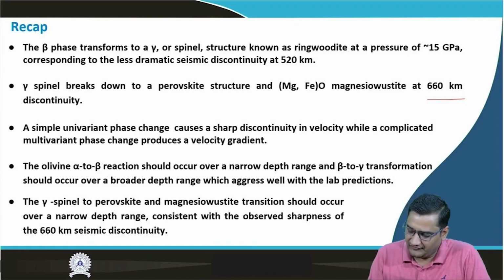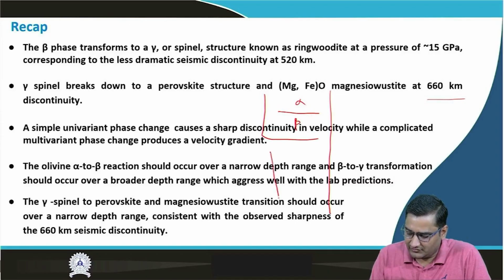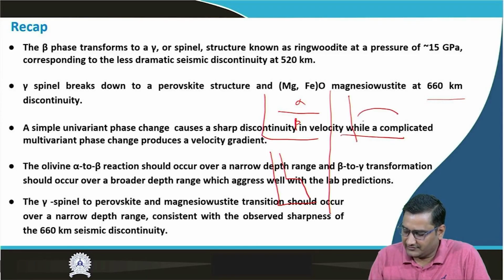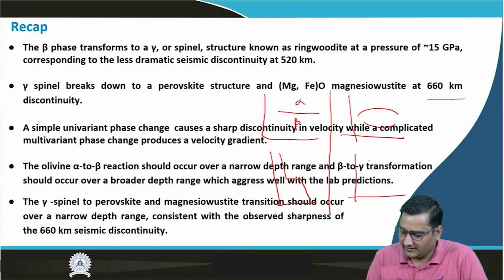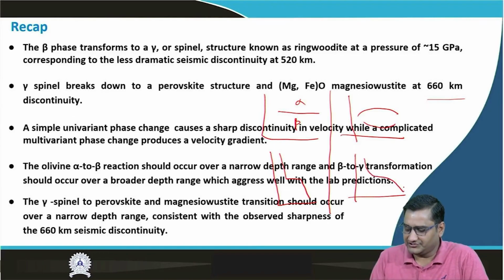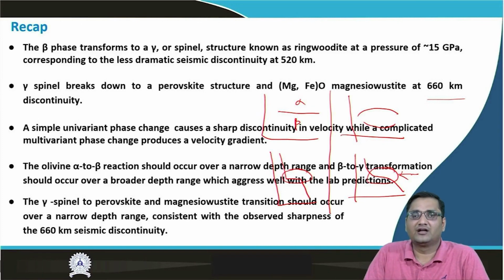If we remember the diagram, we had a very sharp discontinuity where alpha was changing to beta, corresponding to a velocity structure where the velocity changed sharply. Then there were two phases present together in a multivariant phase, producing a velocity gradient where the velocity changed gradually. So here the velocity changes sharply, while here it changes gradually when both phases coexist.